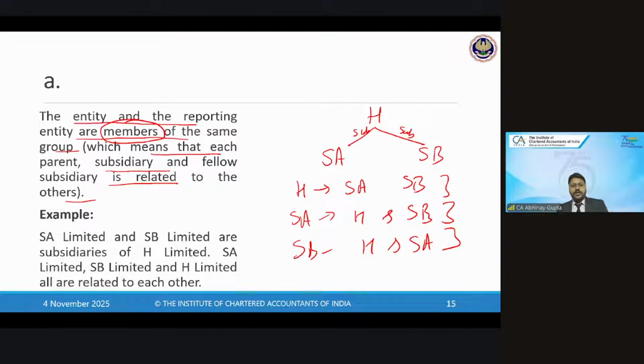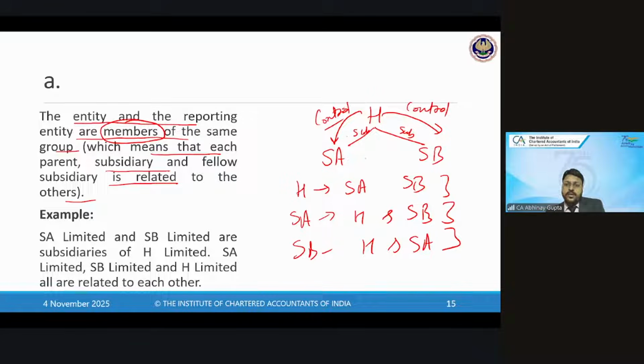So it is not always about control or joint control. Control and joint control are considered here as well, but it is hidden. How? H is controlling SA, yes or no? Yes, sir. H is controlling SB, yes or no? Yes, sir.